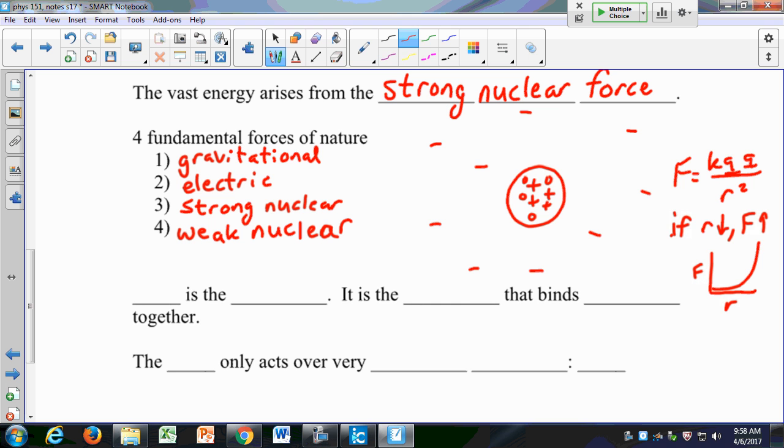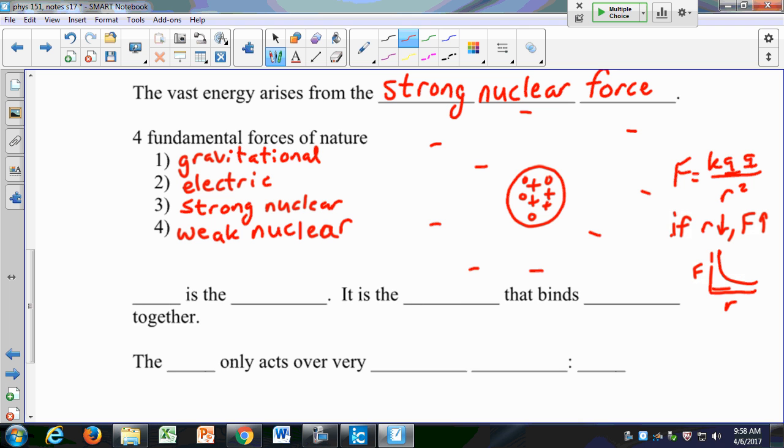I'm sorry, that's not right. Let me fix that. Yeah, it looks like this. So as R gets smaller and smaller, the force increases a lot, right? Because you have this inverse square law. So these protons being close together, they have a very, very large force acting upon them.